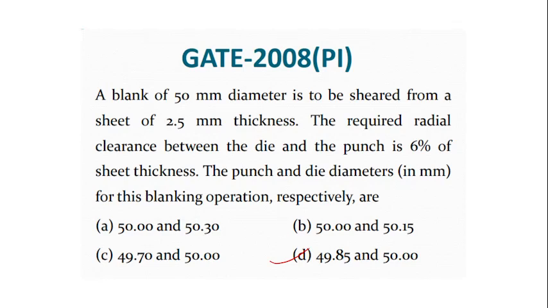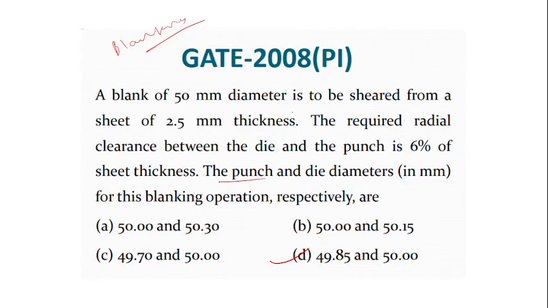So, okay, tell me what is this operation? Blanking, right? In blanking, your die will be made of the whole diameter. Okay, so either option C or D will be correct. So you have to get the other dimension, that is the punch dimension.